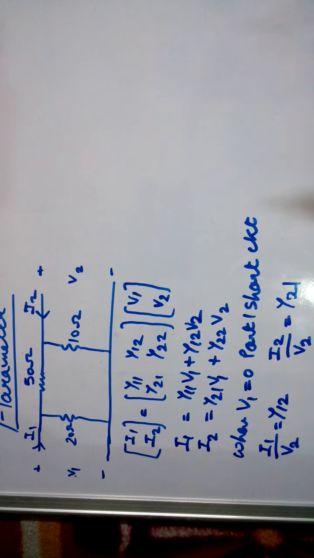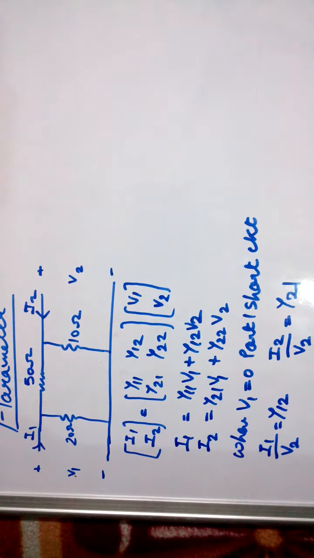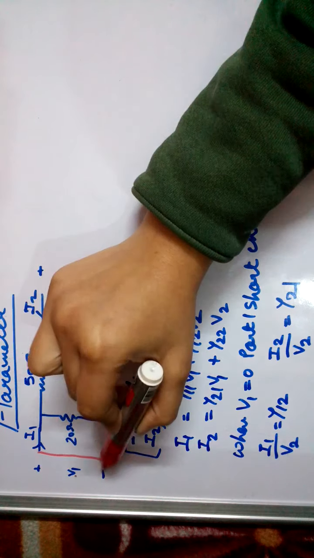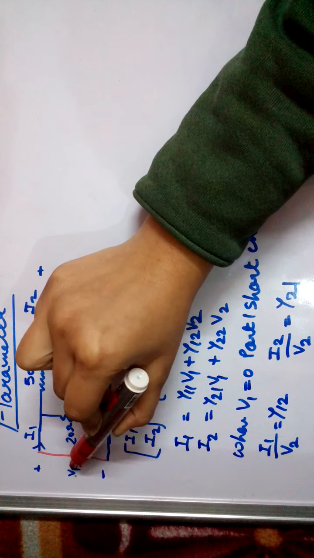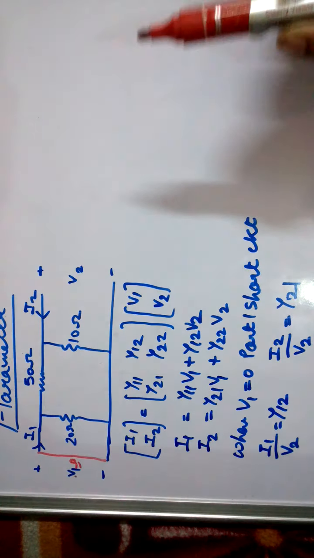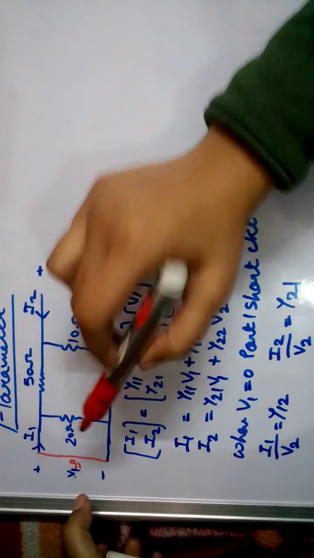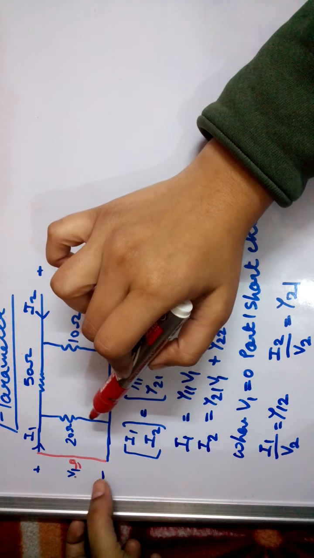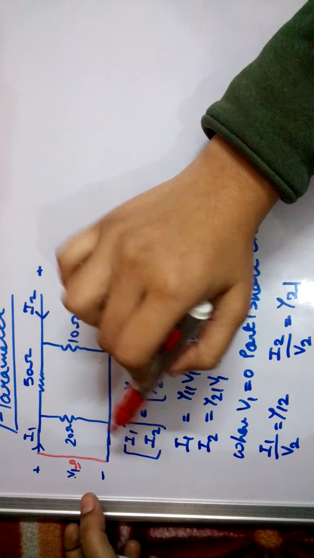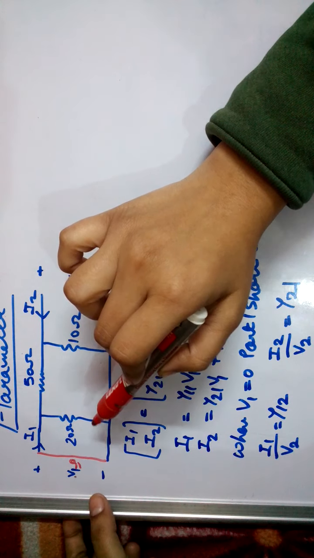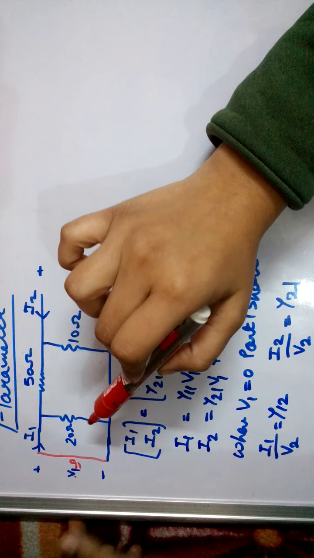So when port 1 is short circuit, V1 equals 0. Now the current in the 20 ohm resistor would be 0, because the current in a resistor which is in parallel to a short circuit is always 0.